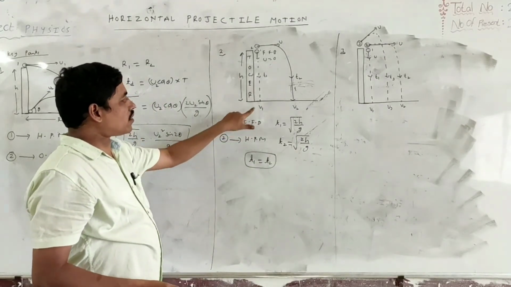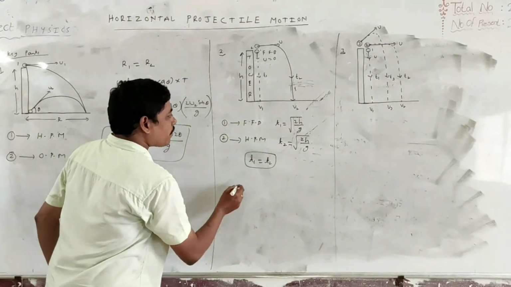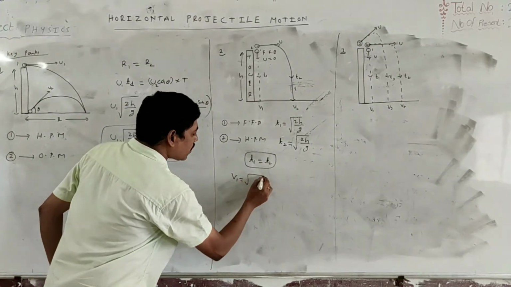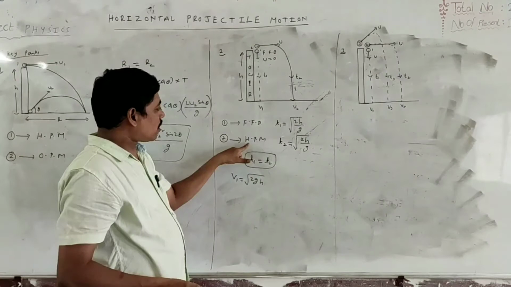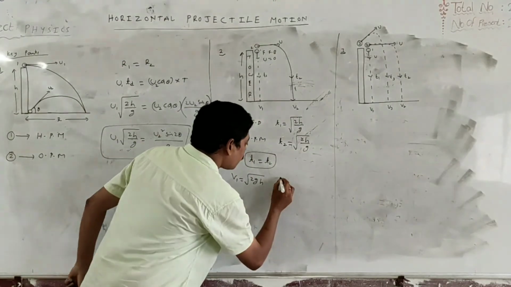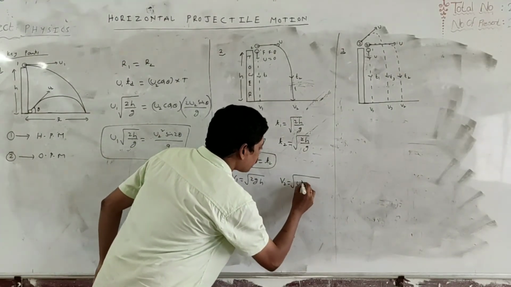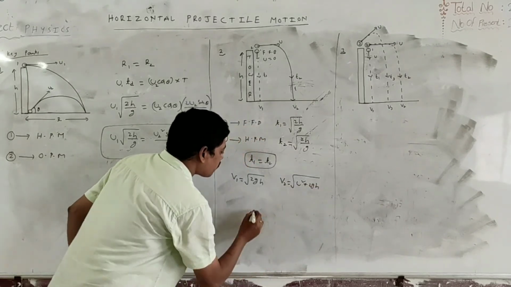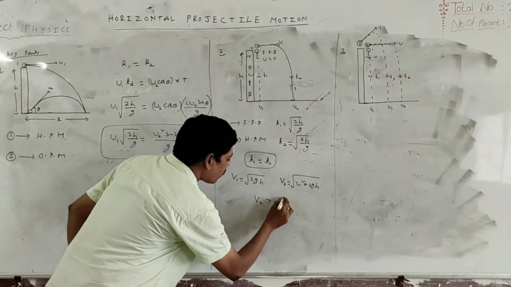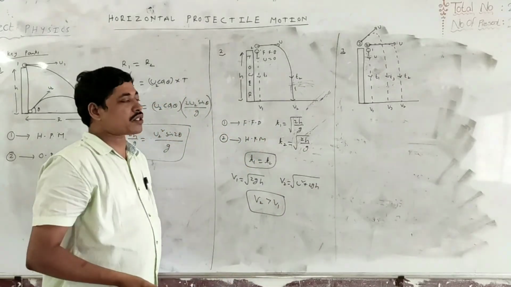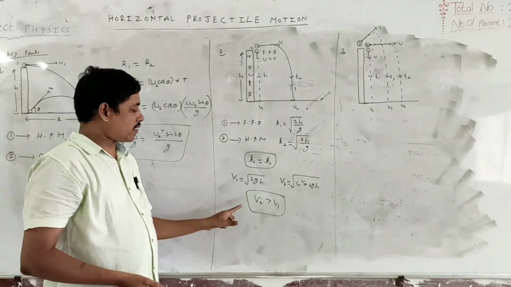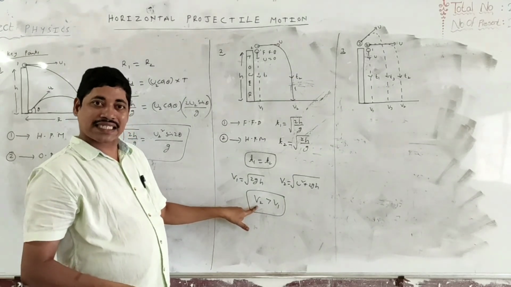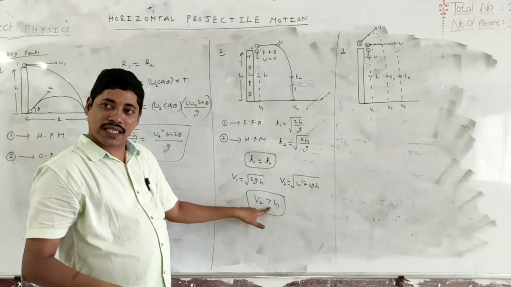But on striking the ground, v1 in the freely falling body is under root 2gh, while v2 in the horizontal projectile motion is under root u square plus 2gh. That means v2 is greater than v1. So in bits, when this is given, in these cases t1 is equal to t2, but the striking velocity of the second body is greater than the striking velocity of the first.